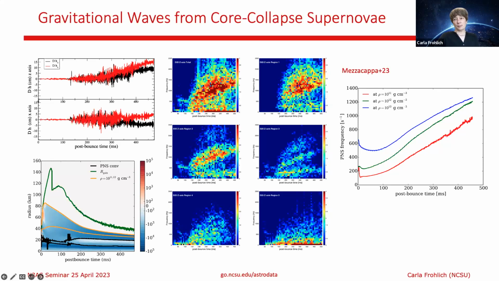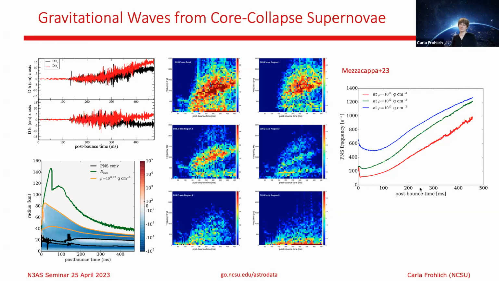In addition to the amplitude, the gravitational wave signals have a frequency. The plot on the right shows the frequency of the protoneutron star at 3 different densities, if you define the protoneutron star surface at 3 different densities. You can see a clear time evolution of this dominant frequency.